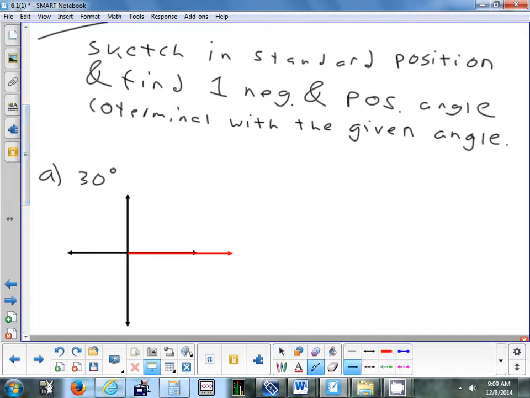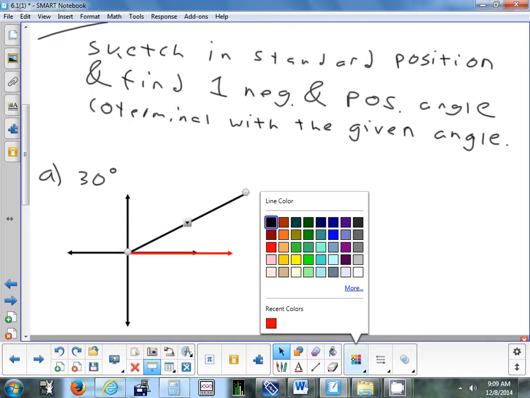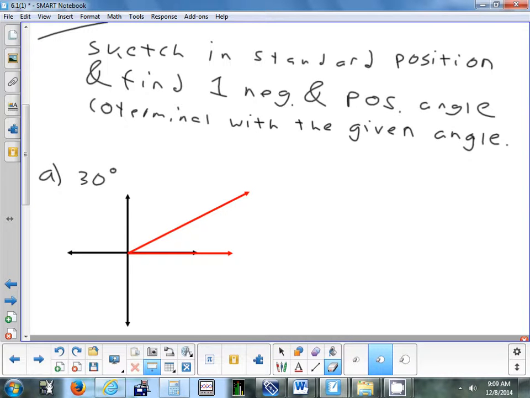Same reason why I started the vertex at the origin. And then 30 degrees might be about like that. Okay, and let's name two angles that are coterminal with 30.